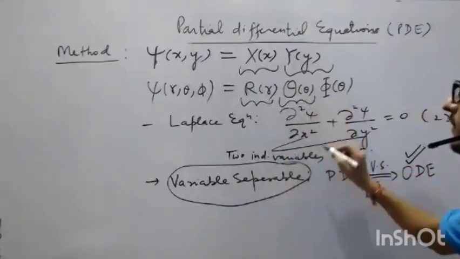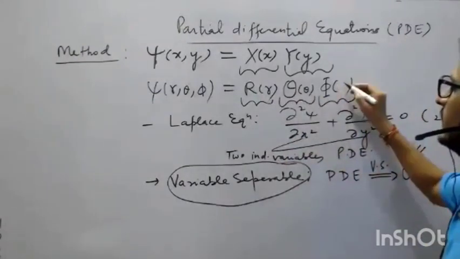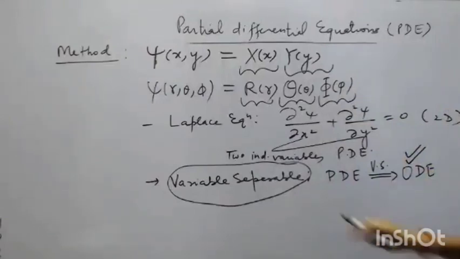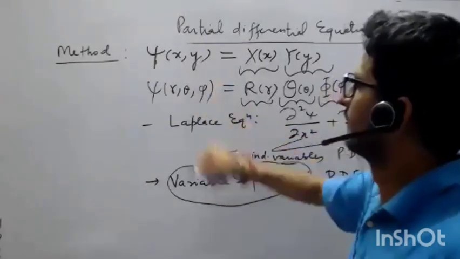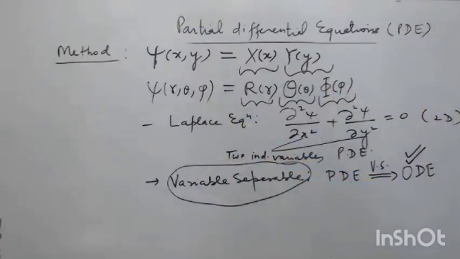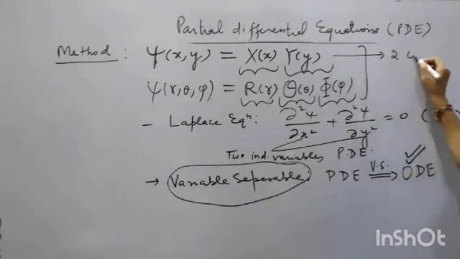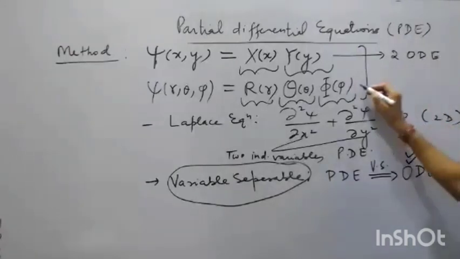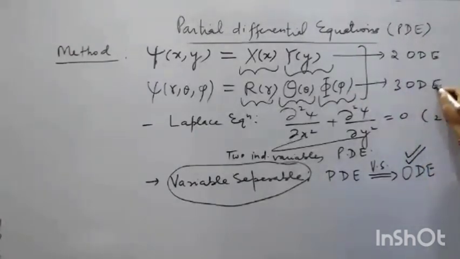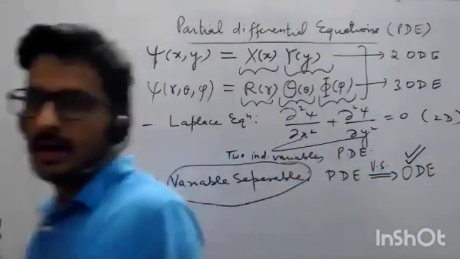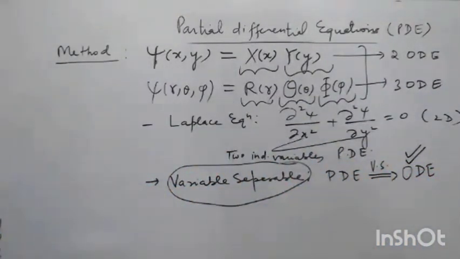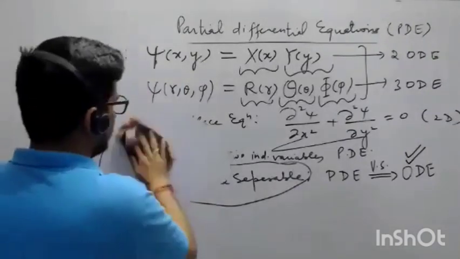This is only function of small theta and this is only function of phi. So this is the method, and using this, here two ordinary differential equations will be made and here three ordinary differential equations will be made. And we already know how to solve the ordinary differential equations. So this is the method which we will be using as a variable separable method.